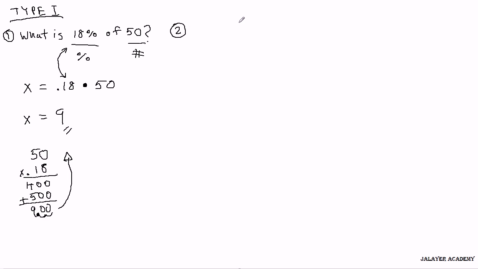Problem 2. Let's do, what is 6% of 90? We can call it y this time. And converting 6% to a decimal is 0.06. So 0.06 times 90.